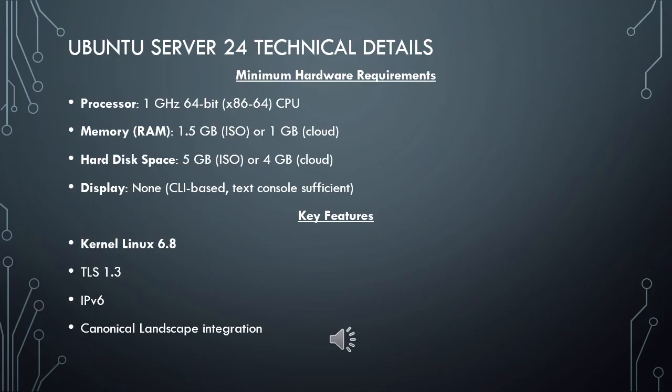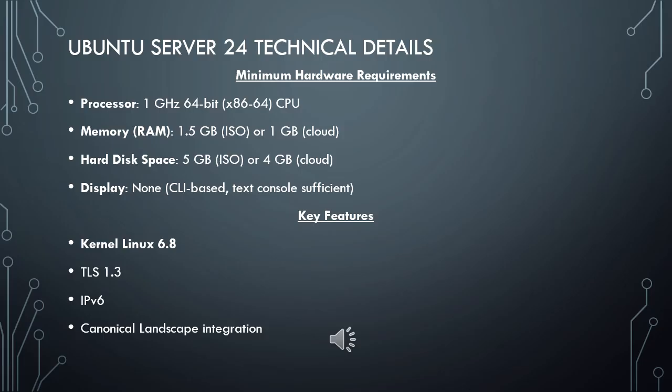Moving on to our next slide, we have the Ubuntu Server 24 technical detail. In this slide, we're talking about the minimum hardware requirements as well as showing some key features of this specific Ubuntu Server 24.